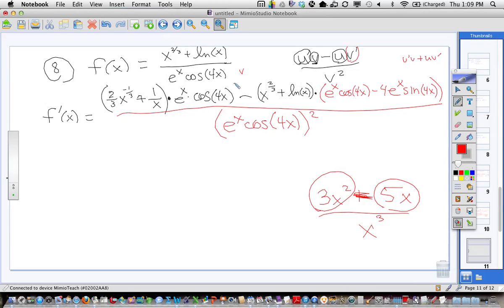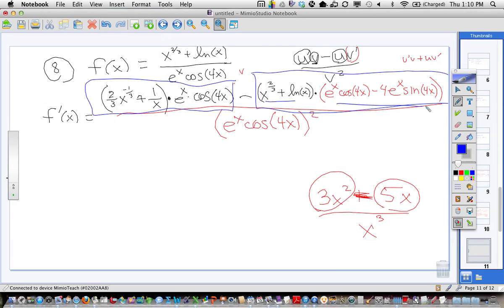Now the top is really two things. Let's do it in blue. The top is really this, which are three things. This, this, and this. And then it's this thing, which is this and that. Now, e to the x and cosine 4x are definitely a factor of this blue thing, right?